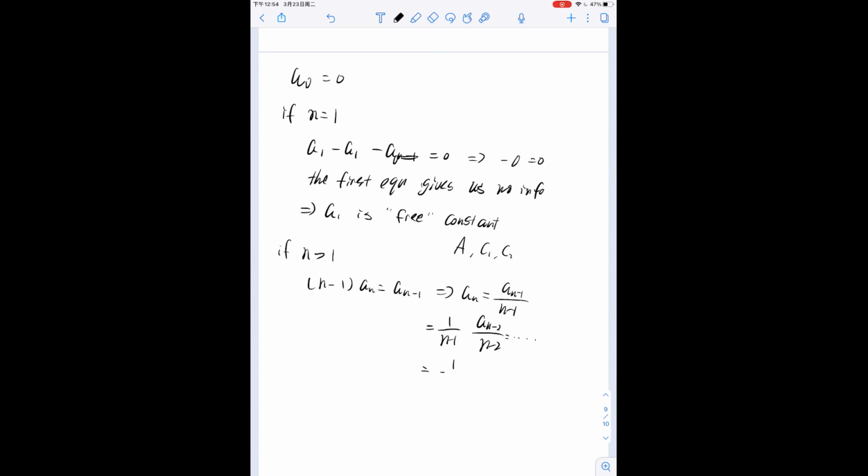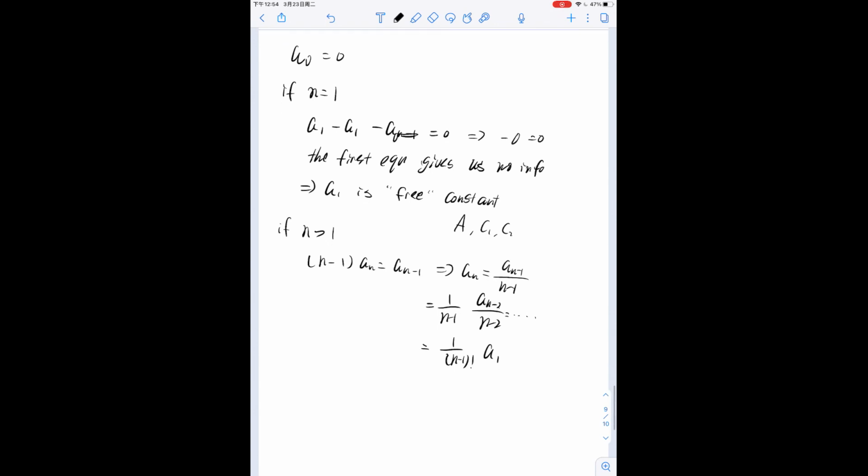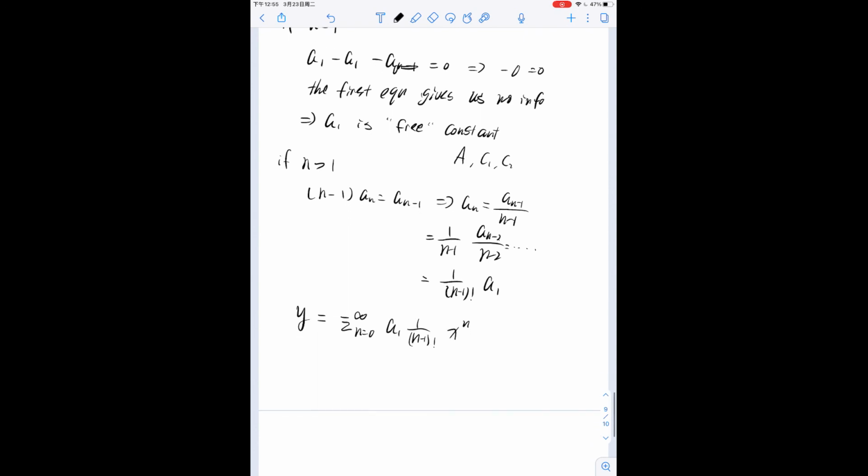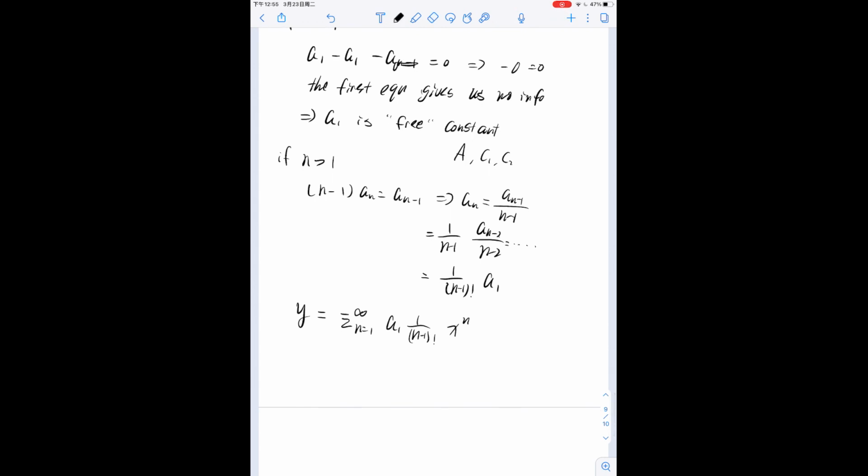In the end, it equals a1 over n minus 1 factorial. So it is a very interesting case. Now we can put them together. Y equals the sum from n equals 0 to infinity of a1 over n minus 1 factorial times x to the n, and a naught equals 0, so it looks like this.